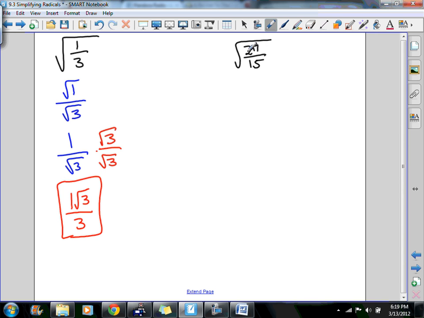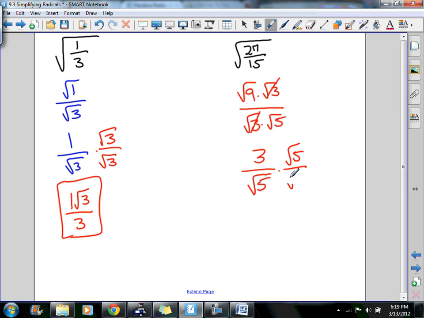Here on the right side, this can be the square root of 9 times the square root of 3 over the square root of 3 times the square root of 5. So these can go away, and I end up with 3 over the square root of 5. So I have to rationalize by multiplying by the square root of 5 over the square root of 5. So I get 3 square root of 5 over 5.